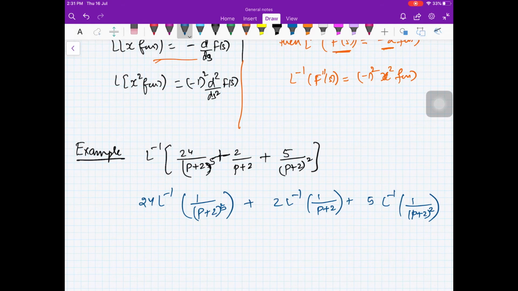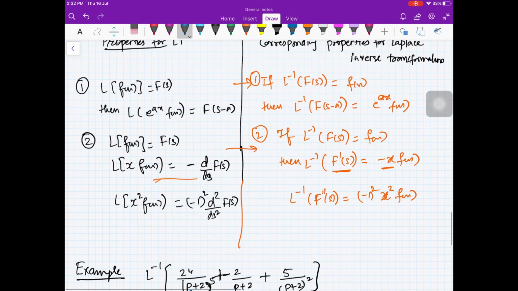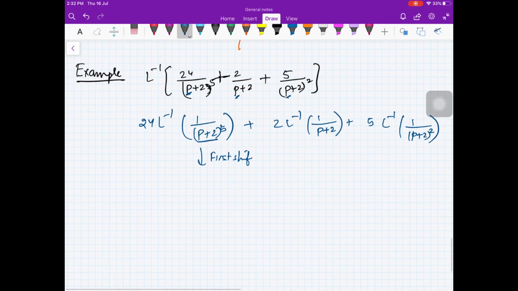Now here I have used the variable p. I told you the variable is dummy, so it can be anything, it can be s also, p also. Because I know the formula for 1 upon p raised to power 5, but I don't know the inverse formula for p plus 2, I can use the first shifting. First shifting says that if on the left hand side you are replacing your variable with s minus a, then you have to multiply with e raised to power ax.